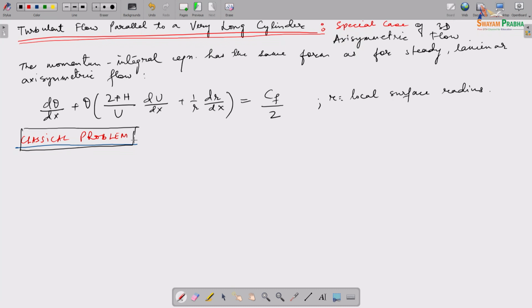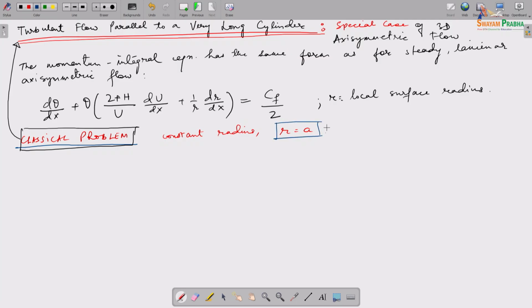So, this is essentially the classical problem, right, and constant radius a, right. Now, why would I do that?